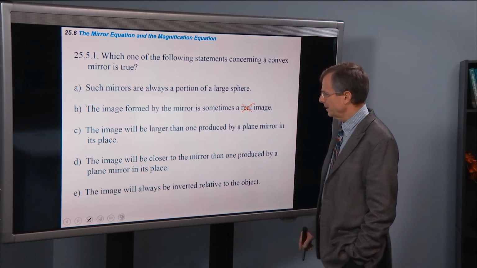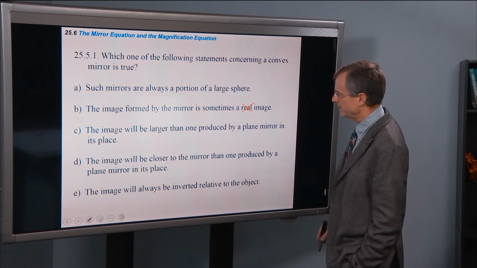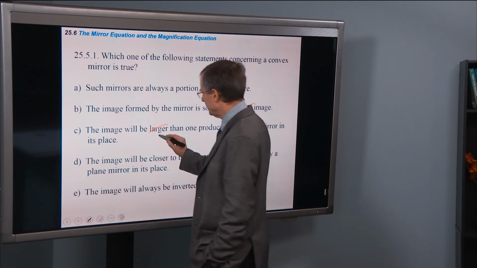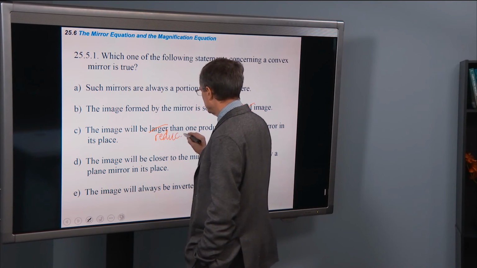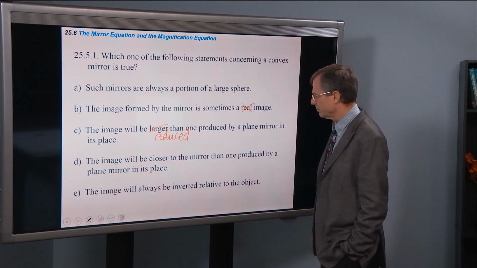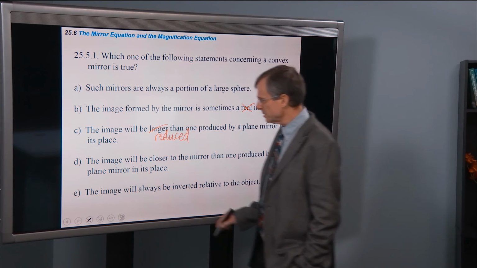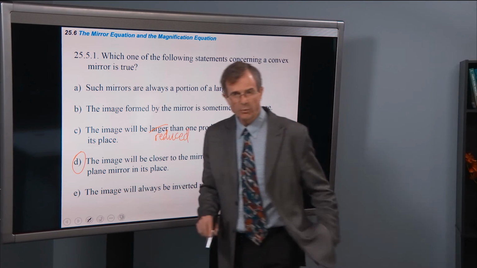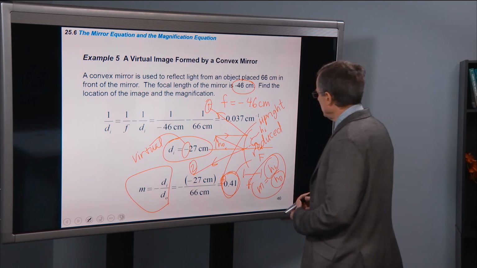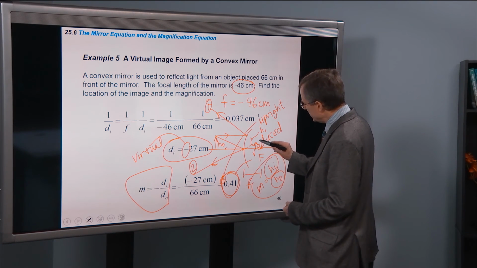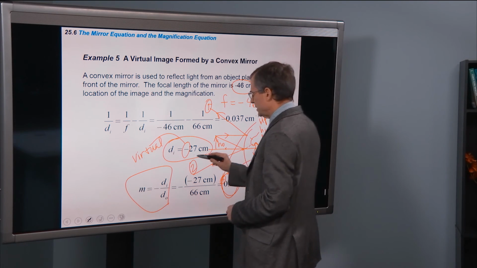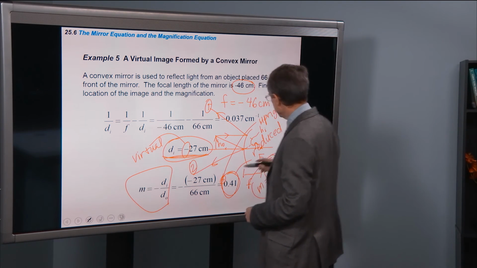The image will be larger than the one produced by a plane mirror in its place. Well, that's not true. It's actually going to be reduced. They're always reduced. The image will be closer to the mirror than the one produced by a plane mirror in its place. This is the one that's actually true, and this is an important one. Notice that this image, here's the image distance, 27 centimeters.